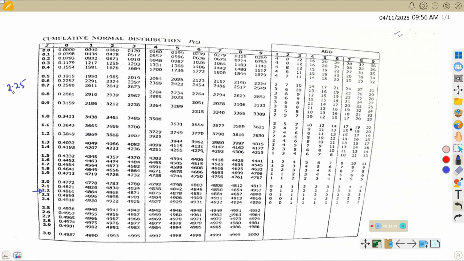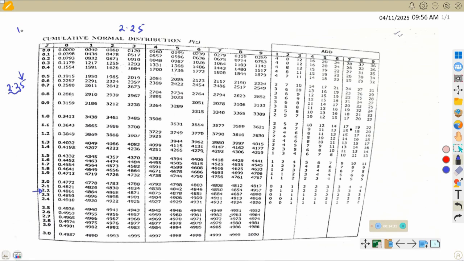So which means that we need 2.2, then 5. So we shall come here, we look for 5, because these first columns correspond to what we call the 2 decimal place. So you can easily get a number which is up to 2 decimal places. For example, 2.25, the values in this space that we are having here.